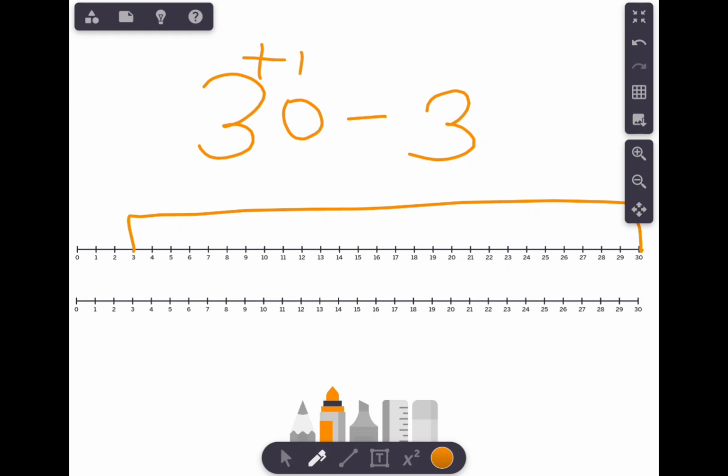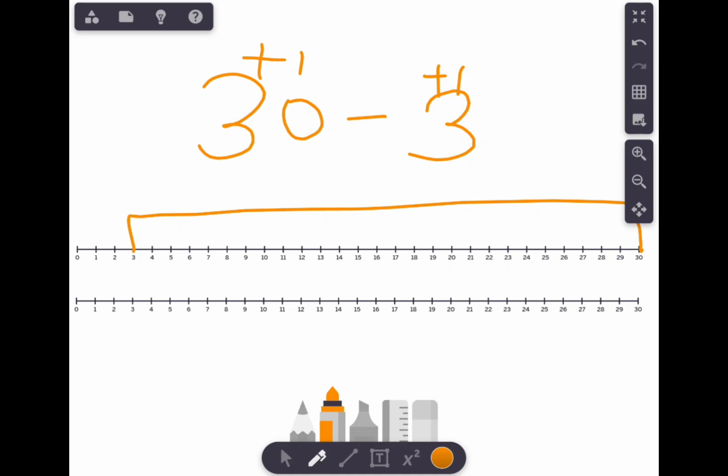If we add 1 to the minuend, we also add 1 to the subtrahend. If I add 1 to 30, I would also add 1 to the 3. It means if I add to the minuend, I add the same amount to the subtrahend.